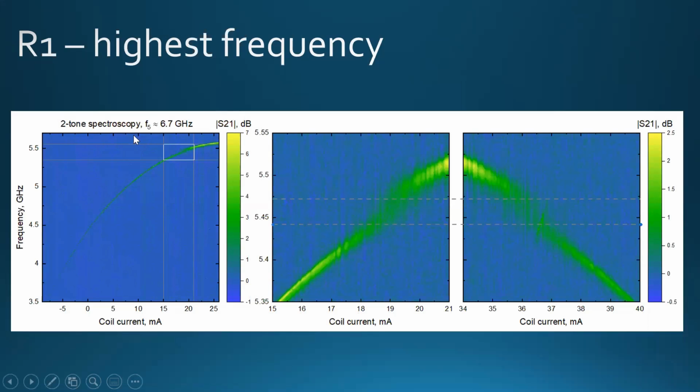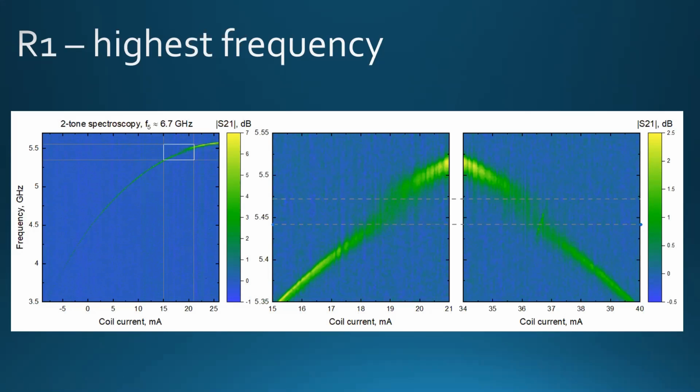And so if we enlarge this part of this two-tone spectroscopy, we can see that the height of this peak is significantly reduced in some region, and this is probably caused by this lambda over 2 resonator, which kind of sucks some photons in this range from the qubit. So we kind of induce these transitions, but we don't see them in the S21 parameter of the transmission line, because these photons go to the second resonator.